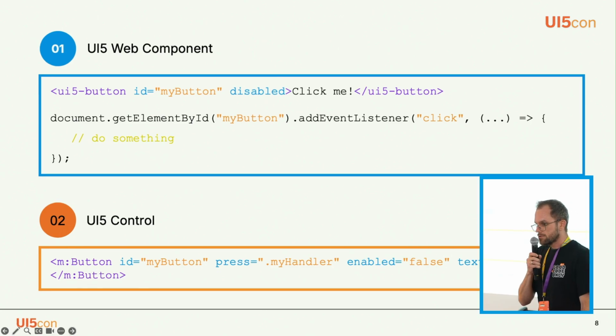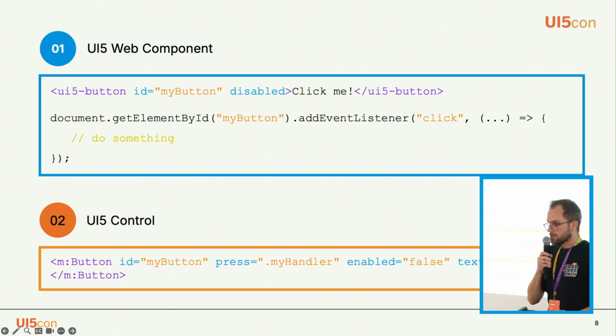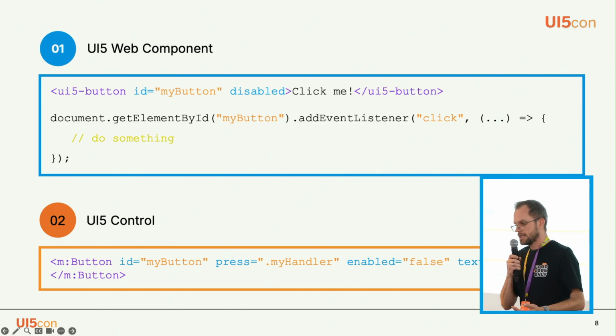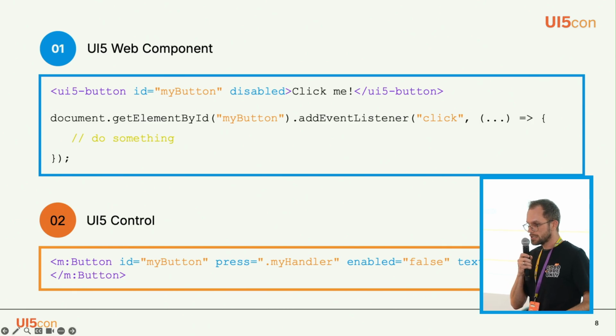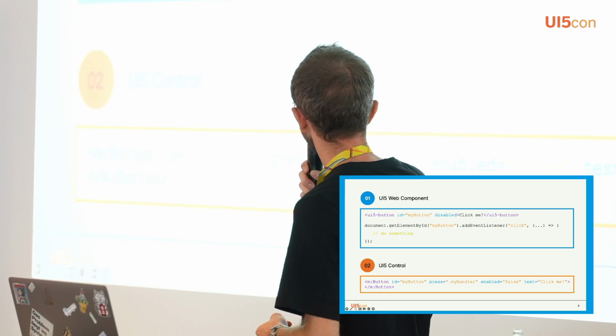Maybe a bit ugly, you have to retrieve the control itself and then add the event listener. From the UI5 world, you know such, I would say, syntactic sugar that you can define a press listener within your XML and can just reference the implementation of the callback within your controller. So that's maybe a bit the difference you have in the consumption.